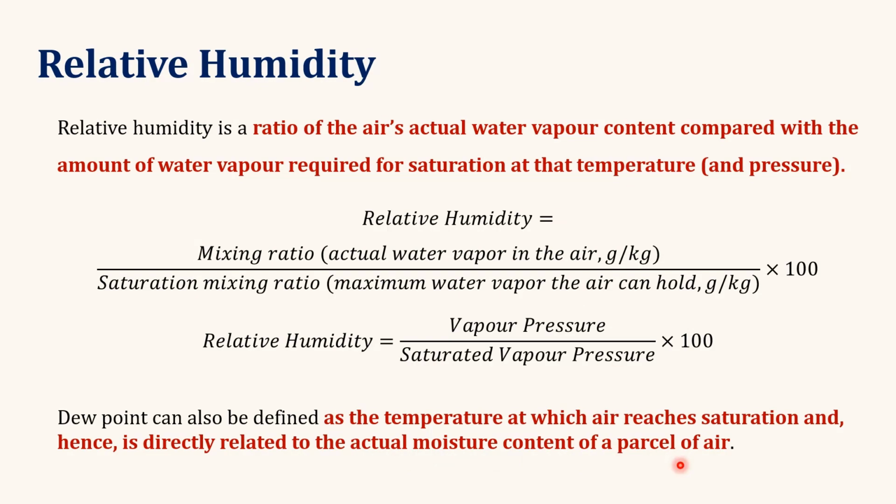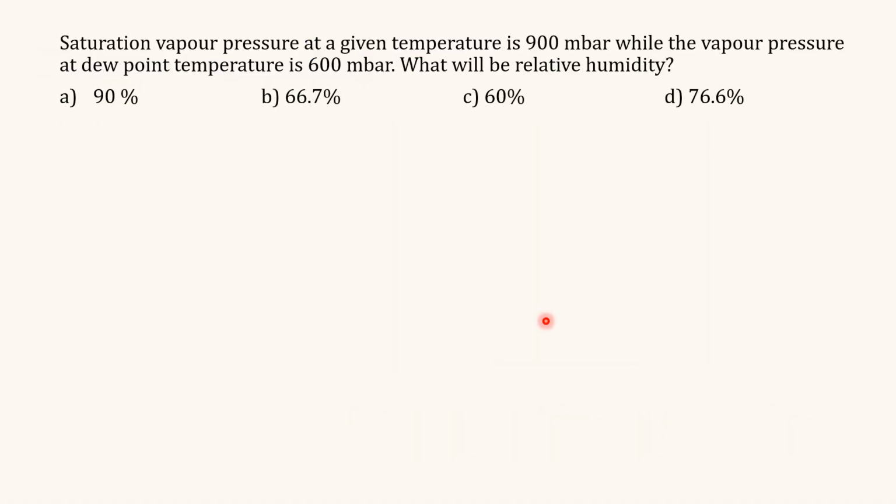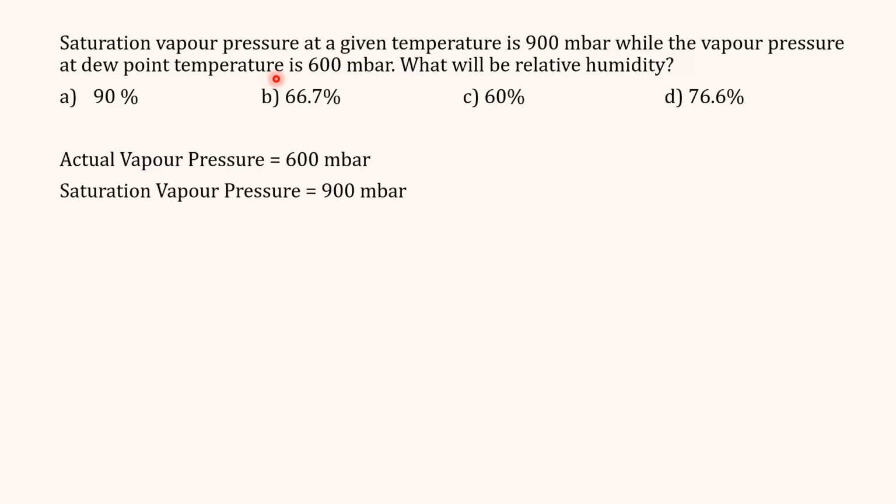The first question we have here is: saturation vapor pressure at a given temperature is 900 millibar, while the vapor pressure at the dew point temperature is 600 millibar, and the relative humidity is asked. As we saw, the vapor pressure at the dew point temperature represents the actual water vapor content in the atmosphere. So as per this question, the actual vapor pressure is 600 millibar and the saturation vapor pressure is 900 millibar.